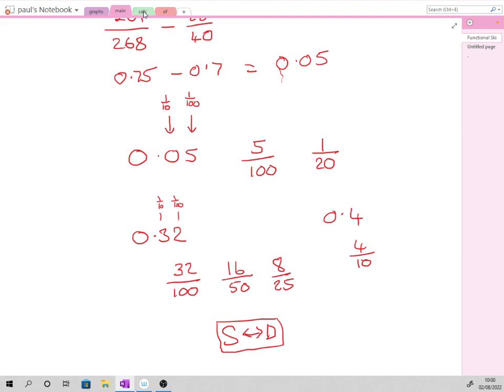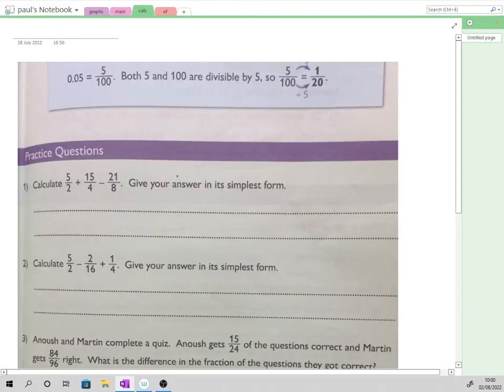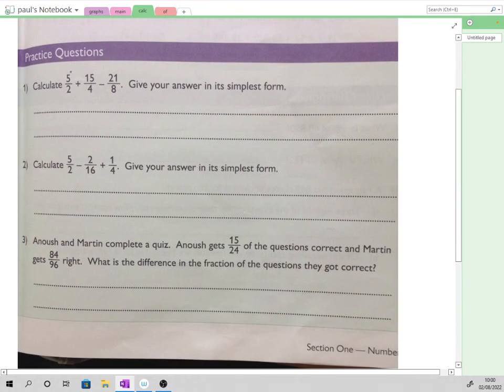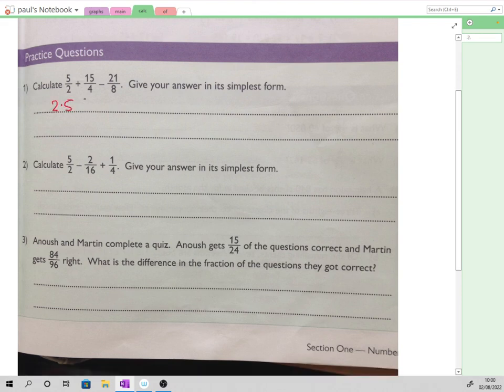So let's have a look at an example of this. 5 over 2, plus 15 over 4, minus 21 over 8. Now we could make them all eighths, but I want to try and do this by changing them into decimals. So 5 divided by 2 is 2.5. Don't forget, you pause and have a go at these first.